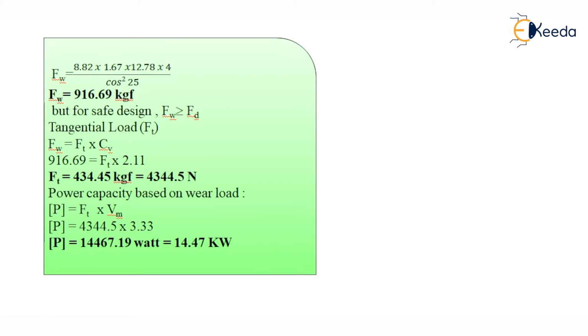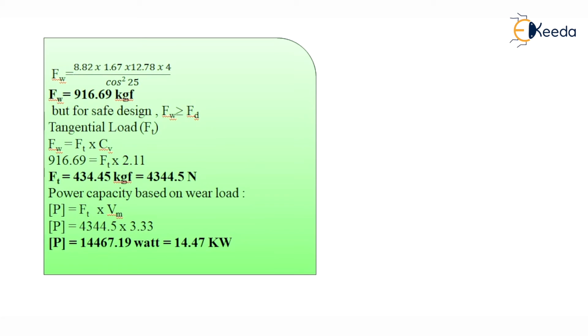So the value of Fw is calculated as 8.82 multiplied by 1.67 into 12.78 multiplied by 4 divided by cos square 25. So the answer for Fw is 916.69 kgf. But for the safe design, we must always have Fw greater than or equal to Fd.